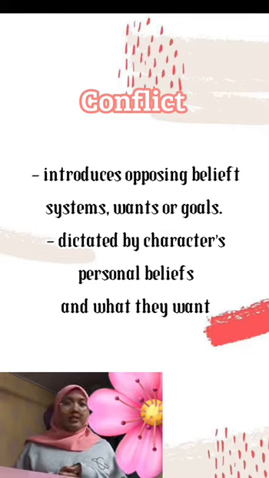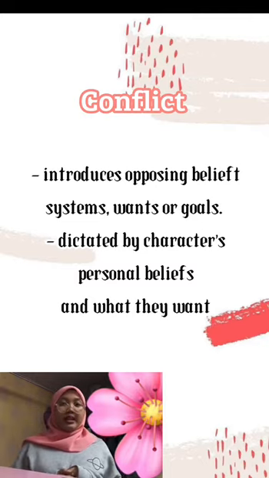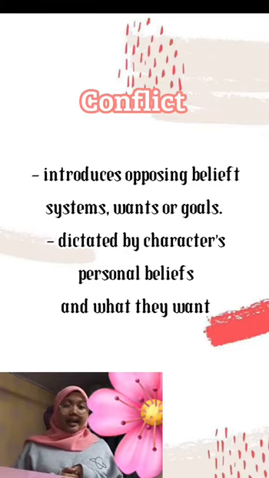A character's goals and actions are dictated by their personal belief and what they want. If the character receives everything they wanted from the beginning, there won't be a story. So, when a character overcomes enough obstacles that challenge their belief system, they typically come out the other side and change.